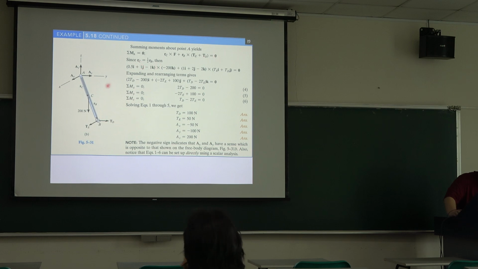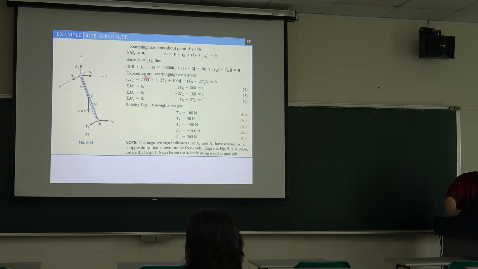Okay, so we know the position vector rC is equal to 0.5 rB. So we can just change a little thing inside, then calculate each one, using the position vector cross the force, in the Cartesian vector form.